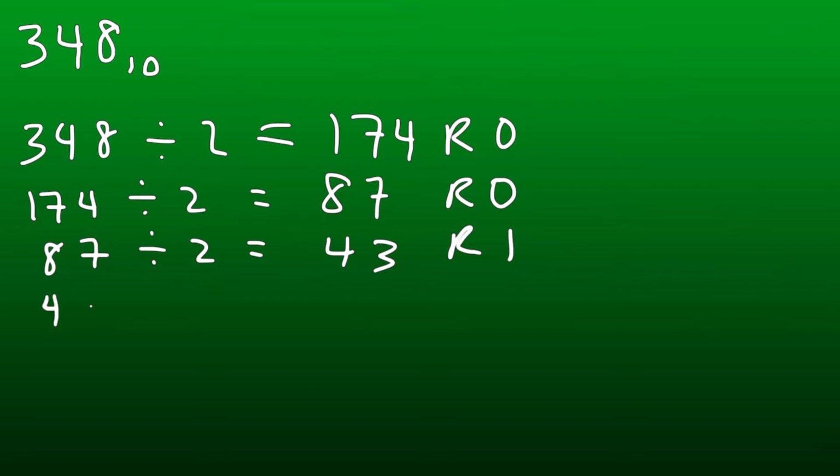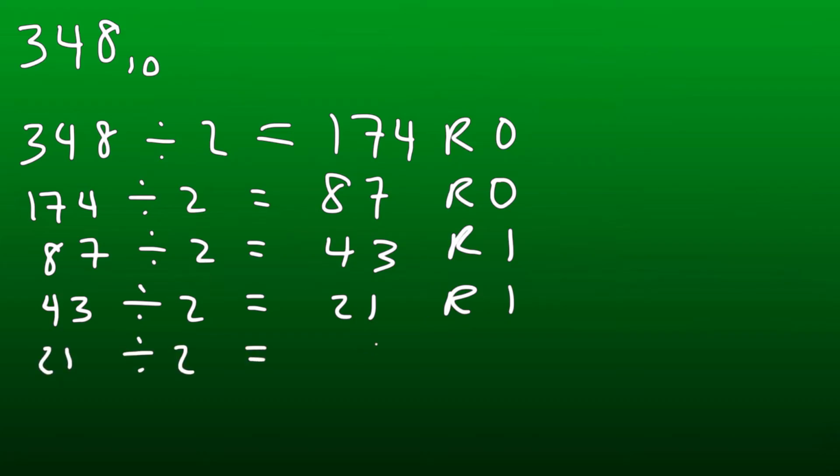Now, if we take 43 and divide that by 2, that's going to be 21.5, which is 21, remainder 1. And then we need to take 21, divide that by 2. So that's 10.5, which is 10, remainder 1. And then 10 divided by 2 is exactly 5, so 5 remainder 0.